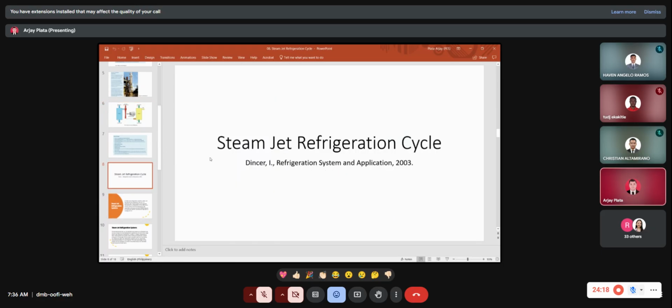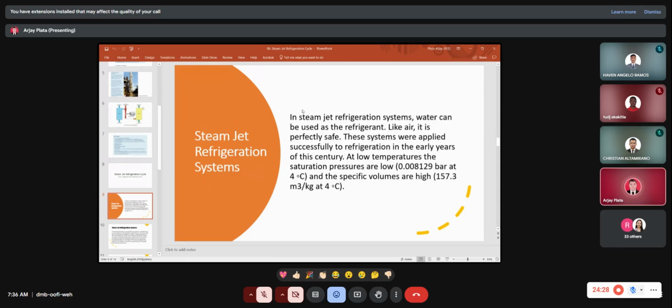So let's discuss the concept of how the steam jet refrigeration system works. In steam jet refrigeration systems, water can be used as refrigerant. Like air, it is perfectly safe. These systems were applied successfully to refrigeration in early years of this century at low temperatures at saturation pressures.